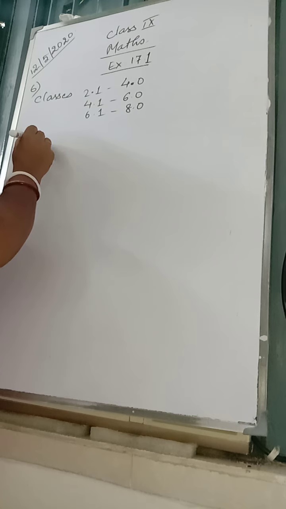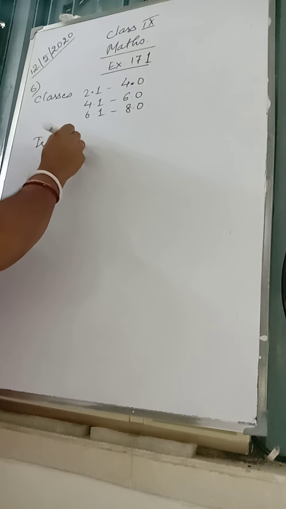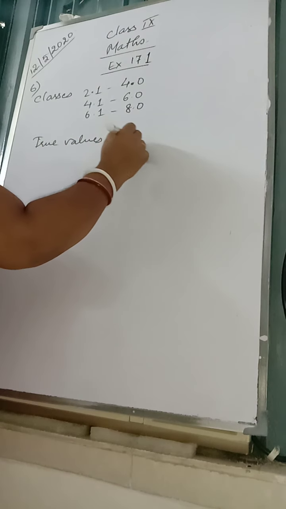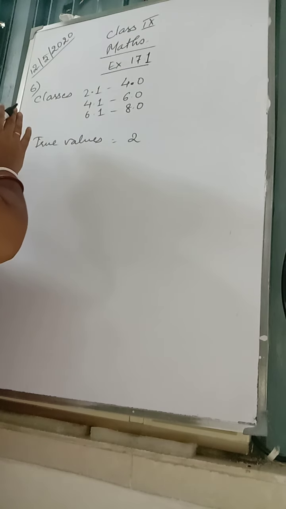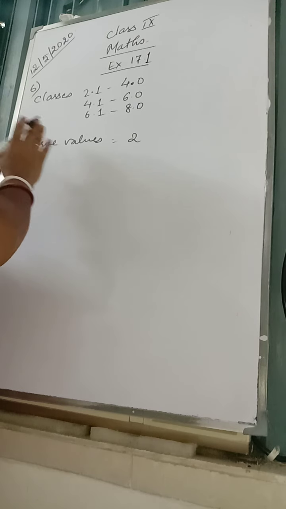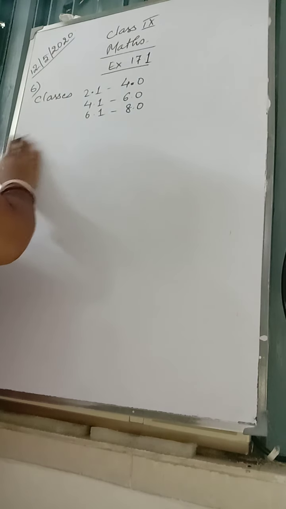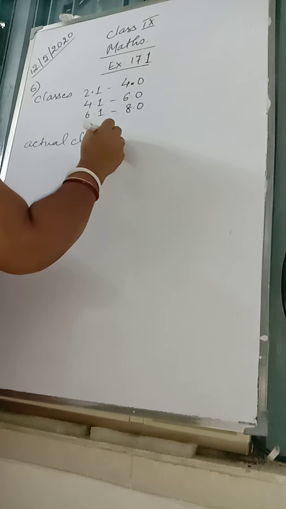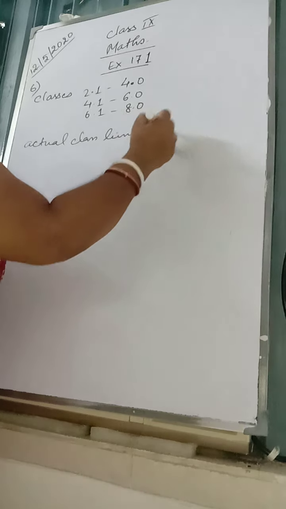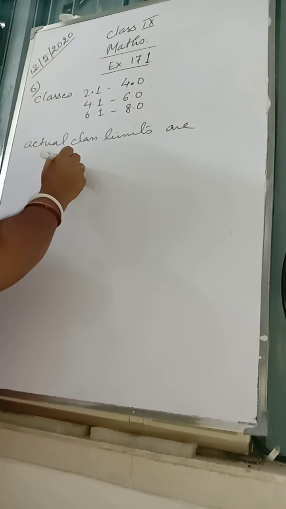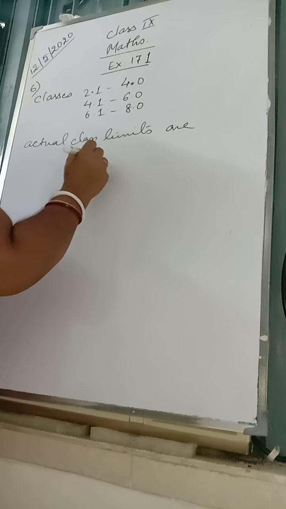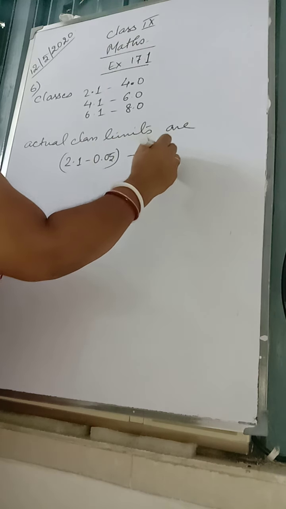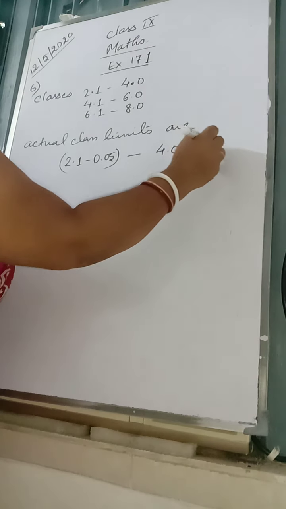So what we are going to do here, we'll write true values, or true class intervals, they've asked for class limits, true class limits you can say, or actual class limits. The limits are 2.1 minus 0.05 and 4.0 plus 0.05.